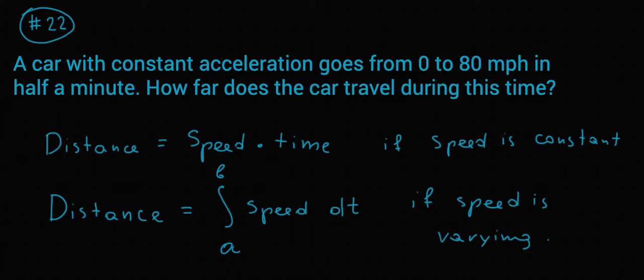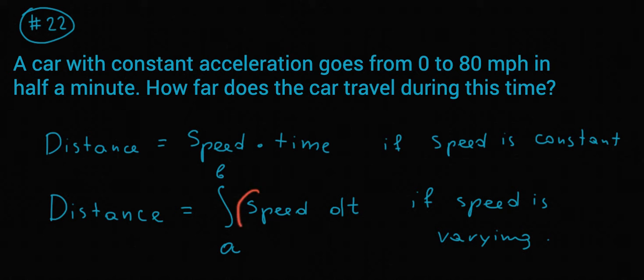In case when the speed is not constant and varies with time, we can use integration to calculate the distance traveled. So the formula that we use in this case is distance equals the definite integral of the speed.